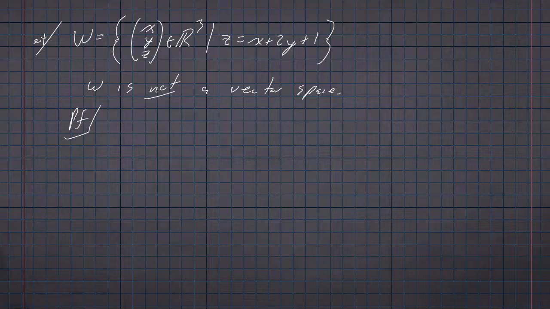This is still a non-empty set, so that doesn't help. We could show either that this is not closed under vector addition or that it's not closed under scalar multiplication. Both of those are true. Scalar multiplication turns out to be a little bit easier. So knowing what I know already about this set, I'm going to choose that one to look at.